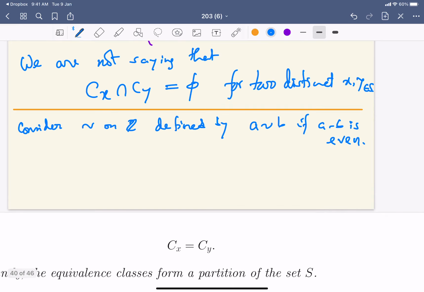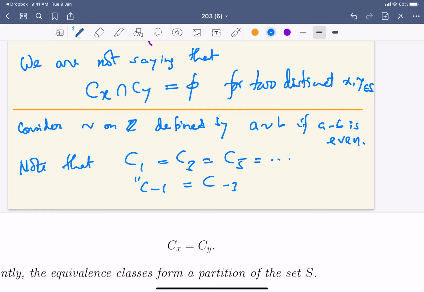Then you certainly know that this statement is false, right? Because you may note that C1 equals C3 equals C5, which equals C minus 1 equals C minus 3, and so on. So the equivalence classes of all the odd integers are the same.